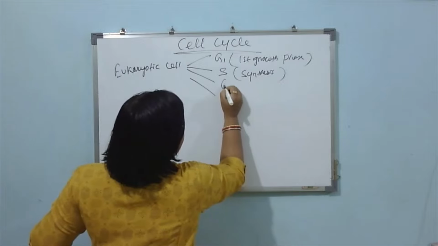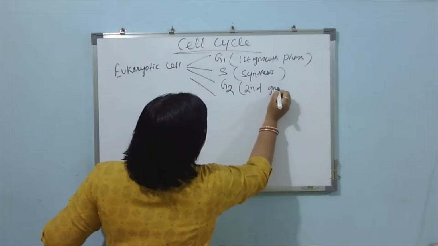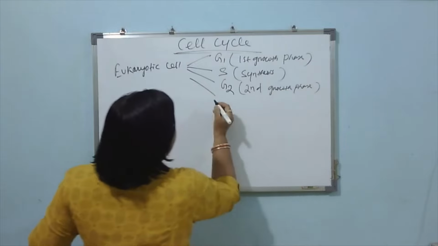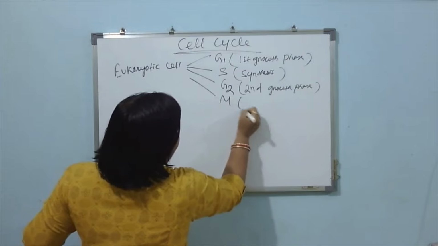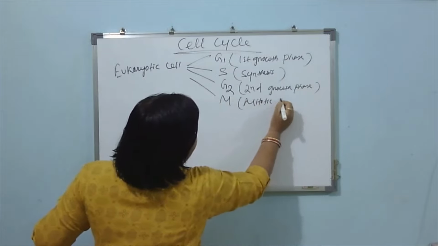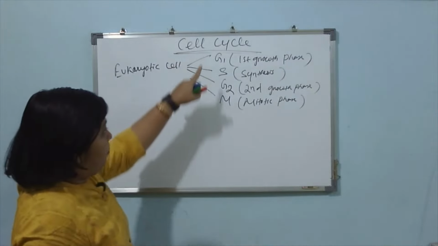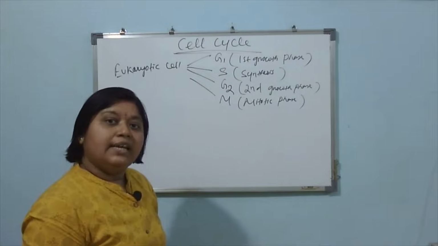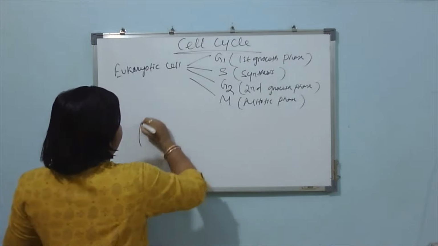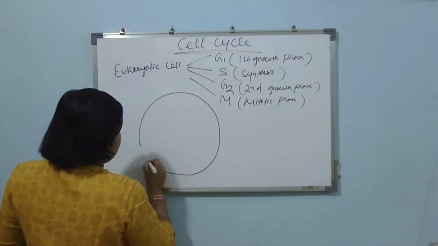Third one is G2 phase or second growth phase, and fourth one is M phase or mitotic phase. All phases occur in the cell in a sequential manner. You can represent all phases in this manner.